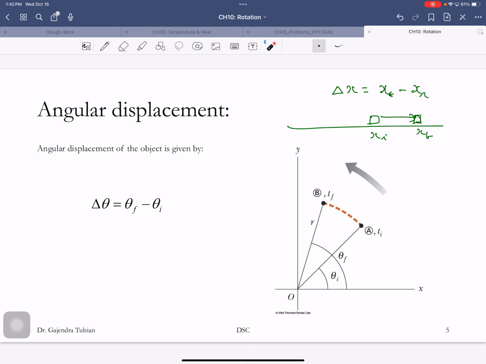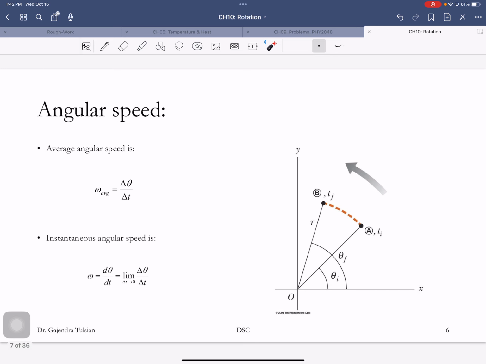If you want to describe this position, you give it as a function of time, remember? Theta as a function of time. This would be at t final, and this would be at t initial. We had defined average velocity as displacement divided by time.